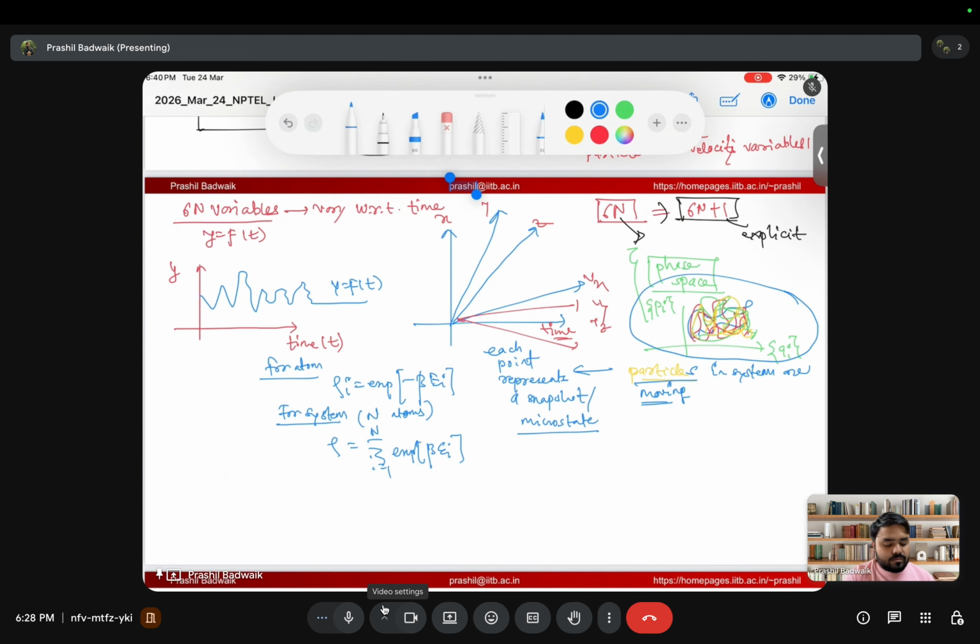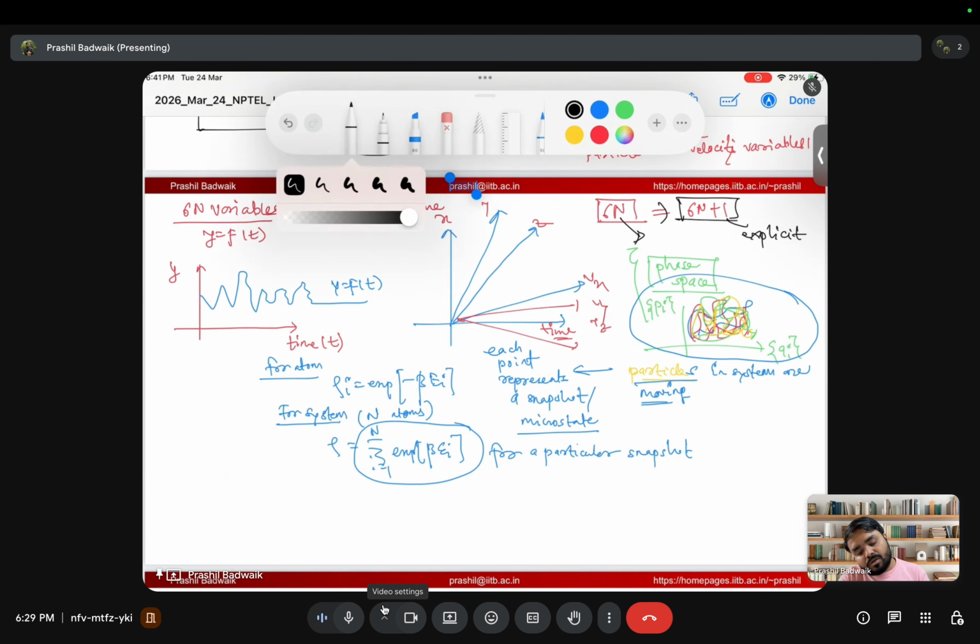And here n is the number of atoms, and this is again for a particular snapshot. Similarly, there will be n number of snapshots over which I need to calculate this value. So there will be one more summation.